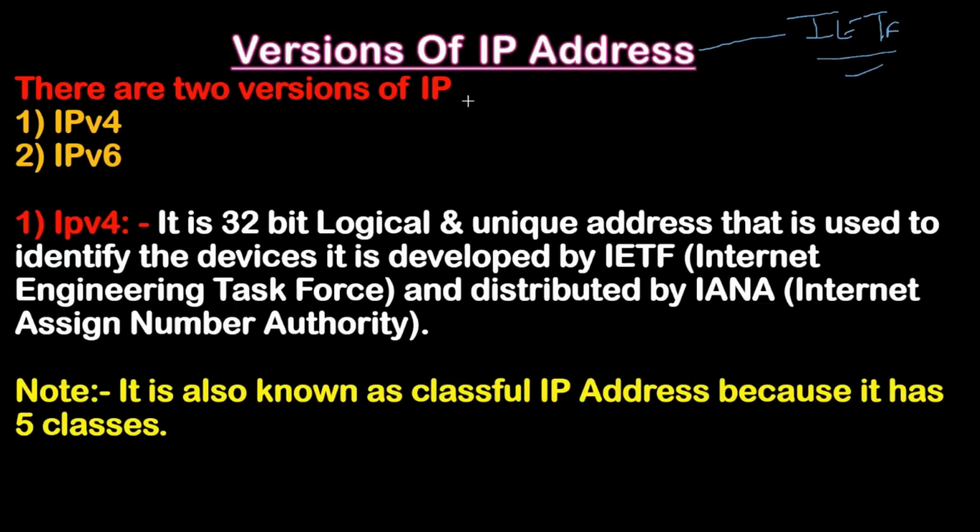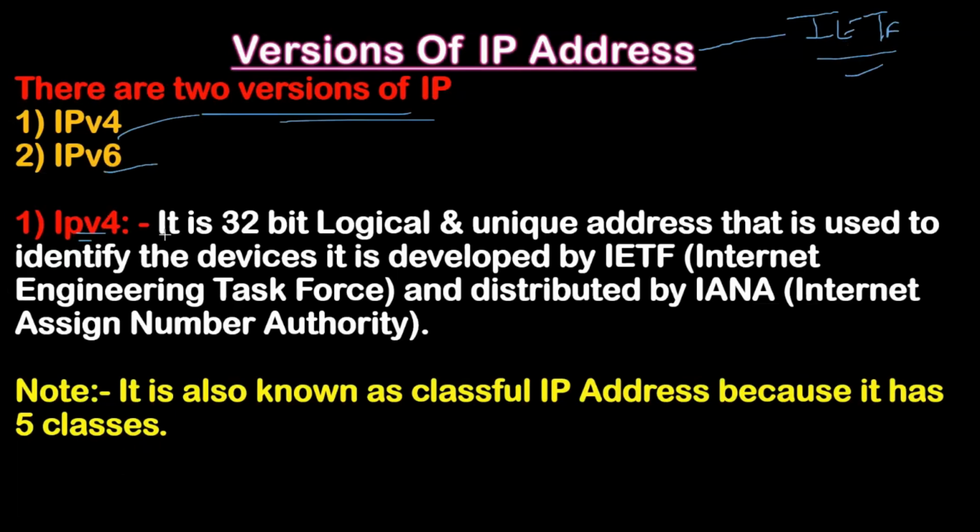They developed two versions of IP address, IP version 4 and IP version 6. Firstly, we'll start with IP version 4, because that is more important in most of the companies and mostly you will see IP version 4.